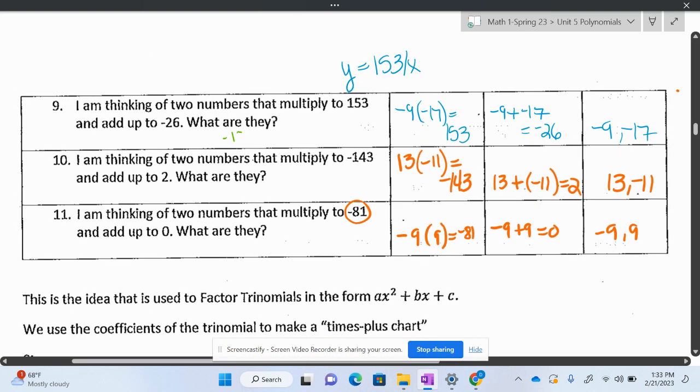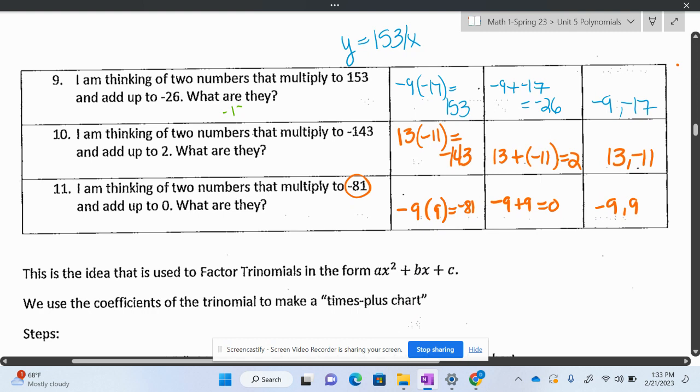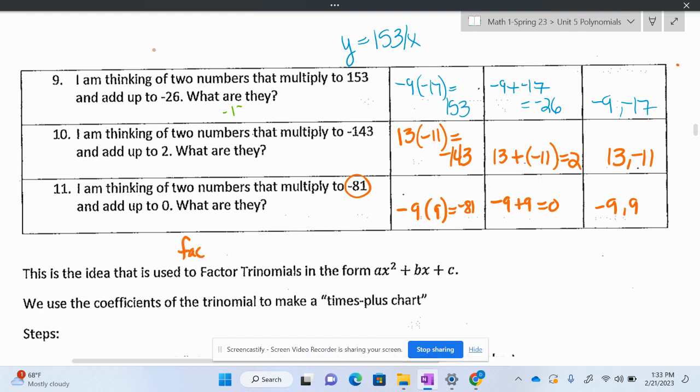So let's just talk about some of the things that we've discovered. When I am looking for factors and the product is a positive number, but the sum is a negative number, what have I discovered?